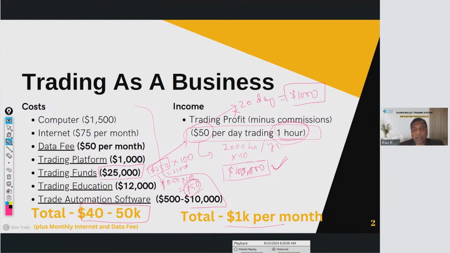But if you look at it as an investment in a bank, if you put $40,000 to $50,000 in a CD, this is $12,000 a year. So you earn $12,000 a year by investing $50,000 in a CD. That gives you 12,000 divided by 50,000, which is 25% interest.